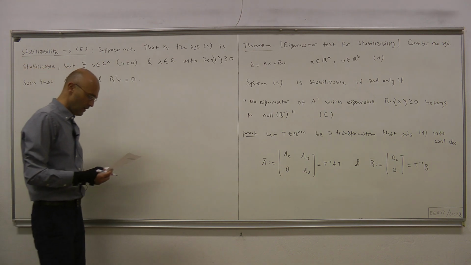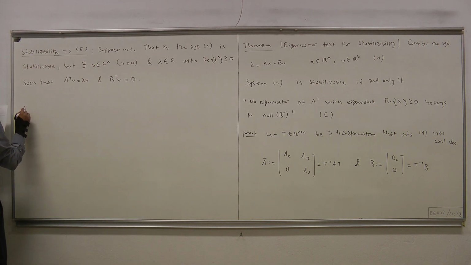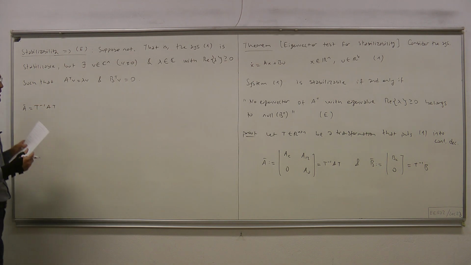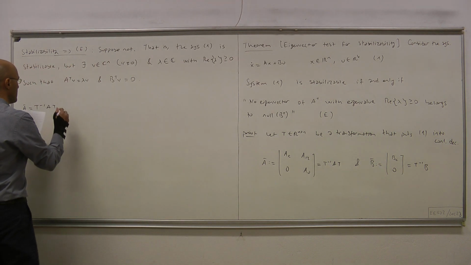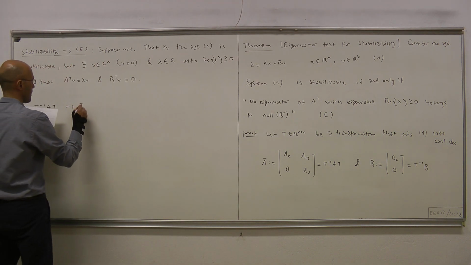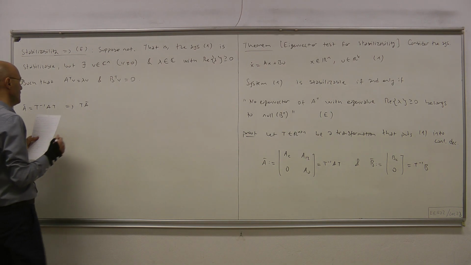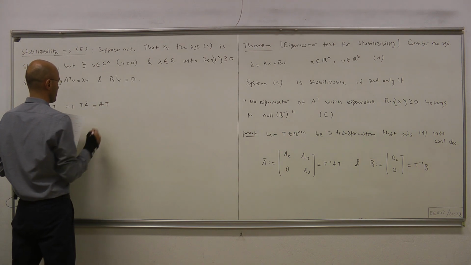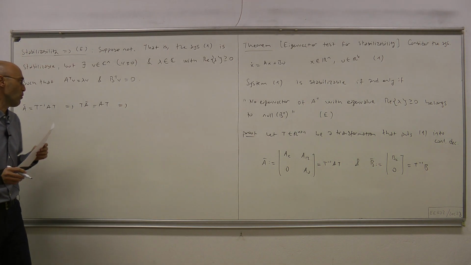So what we have is the following: A bar equals T inverse A T. So we start with that. That implies, multiplying both sides with T from the left, T A bar equals A T, and then take the transpose of both sides.